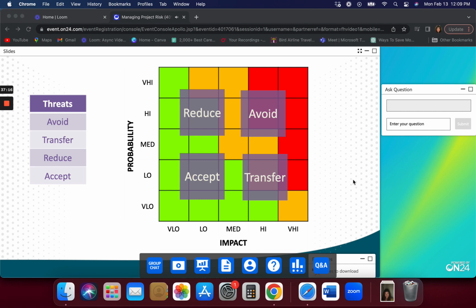But remember that these are very, very much first pass ideas. And typically you have to look at them individually and say, what do we do with each one? Even if you choose something in the top right and say we need to reduce, at least you've looked at avoid, you've looked at transfer, you've discounted accept because it's too high, and so you would need to make that informed decision.